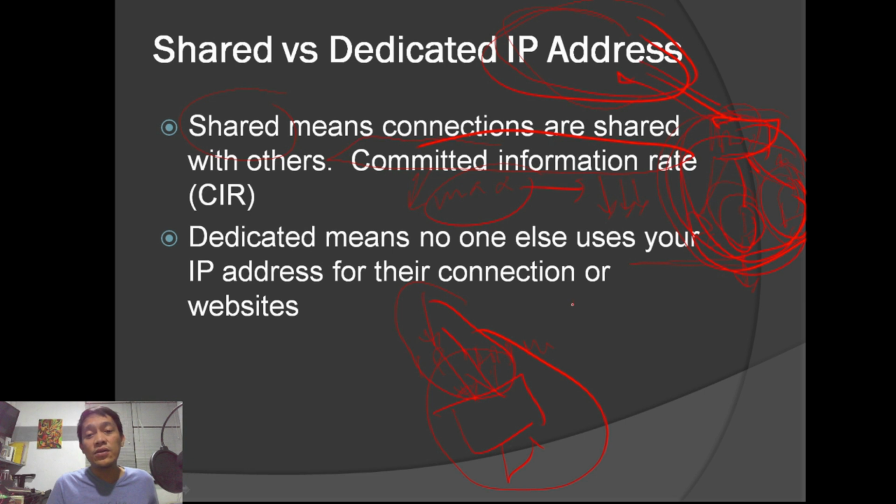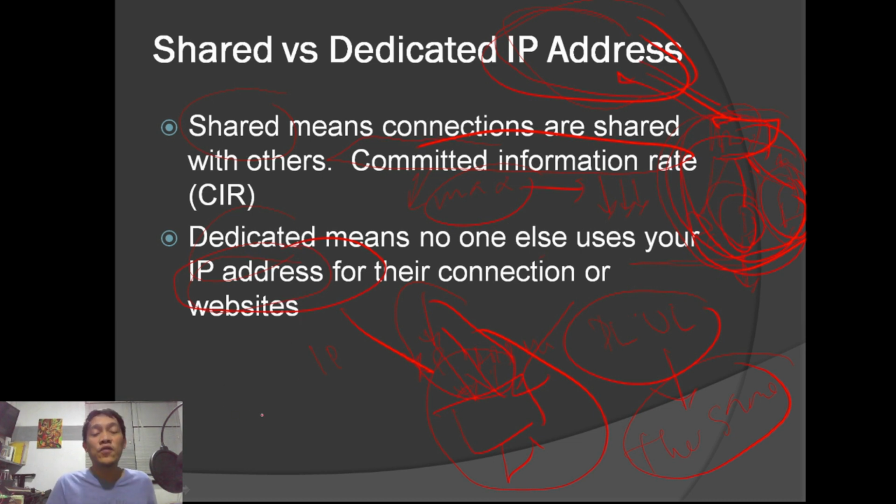So meaning to say, this computer is dedicated to use this specific IP address. Okay, so that's why the download speed and the upload speed is the same. You get the maximum download and upload speed on a dedicated IP address or internet.